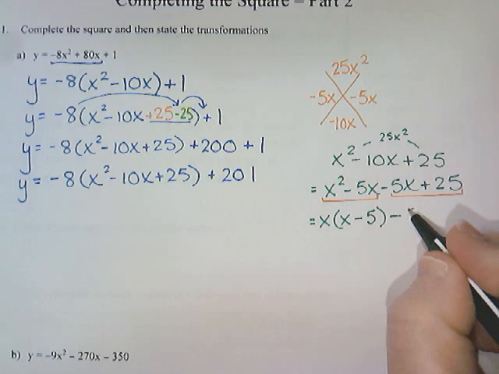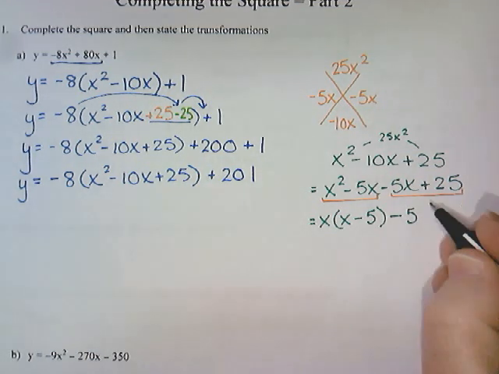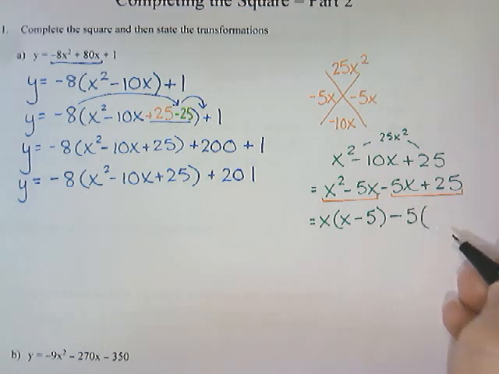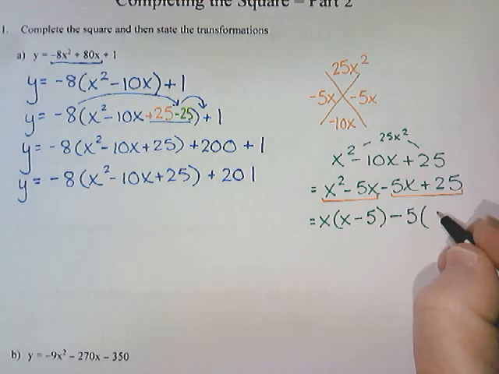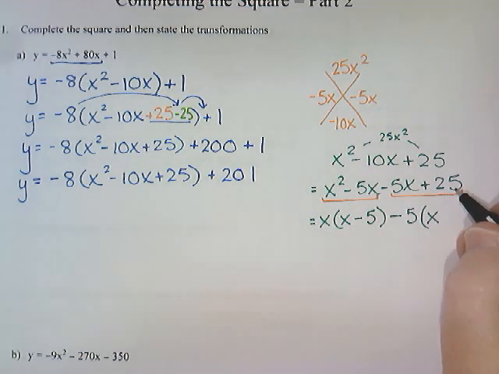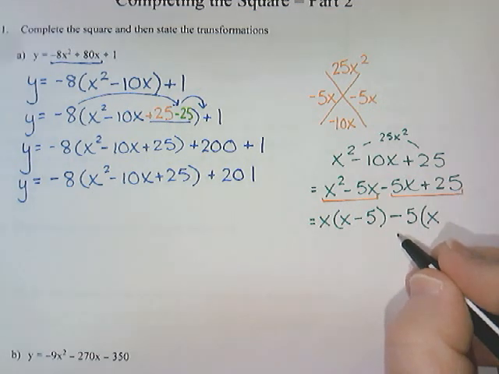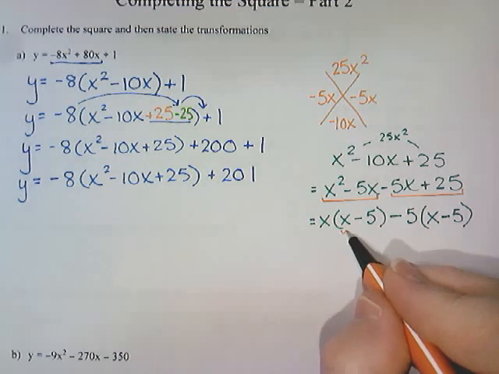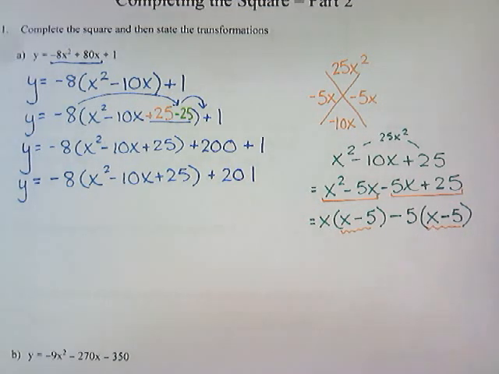Negative 5x and 25 both divide by negative 5. So negative 5x divided by negative 5 is positive 1x, or just x. Positive 25 divided by negative 5 is negative 5. I now notice that these two brackets are the same.